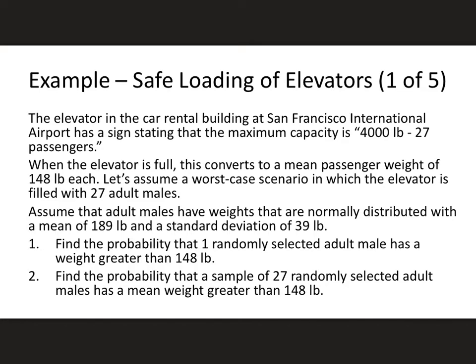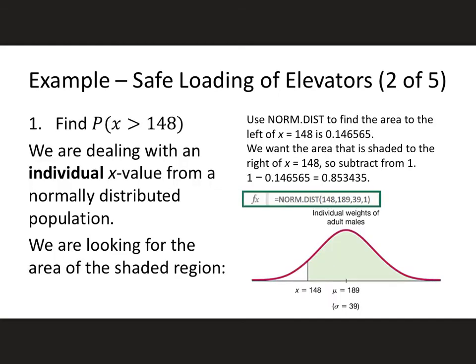Assume that adult males have weights that are normally distributed with a mean of 189 and a standard deviation of 39 pounds. We're going to look to see if we can find the probability that one randomly selected male has a weight of greater than 148 pounds, and then find the probability that a sample of 27 randomly selected adult males has a mean weight greater than 148 pounds.